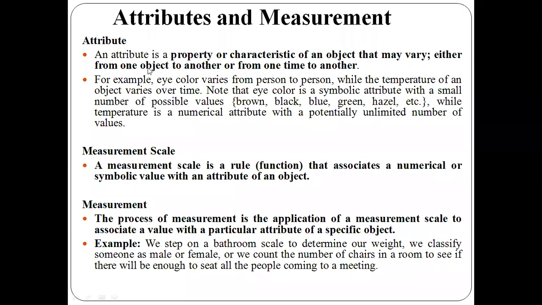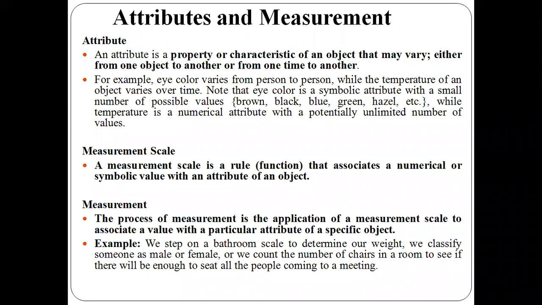Normally, these attribute values vary from one object to another, or from one time to another. So an attribute is a property or characteristic of an object that varies, either from one object to another or from one time to another. It will not be a fixed value.